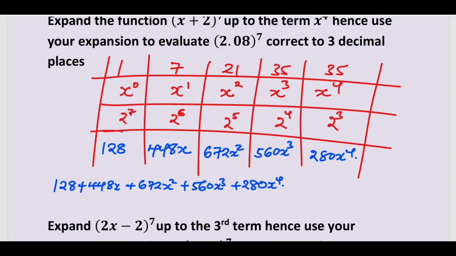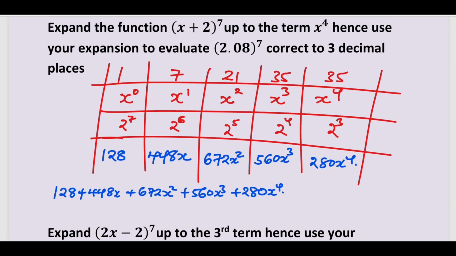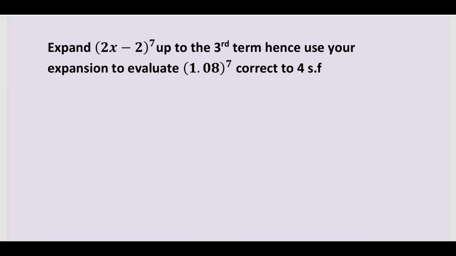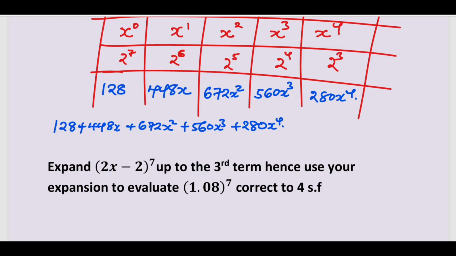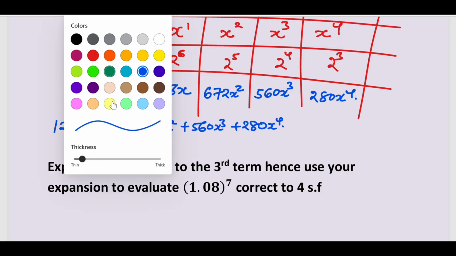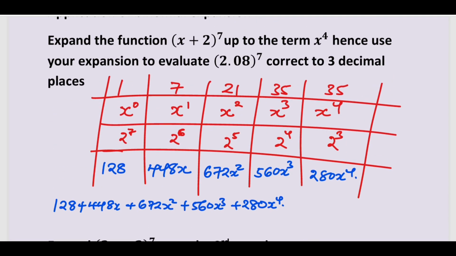So we were told to use our expansion to work out 2.08^7. Allow me to use this space here just to show you how to work that out.